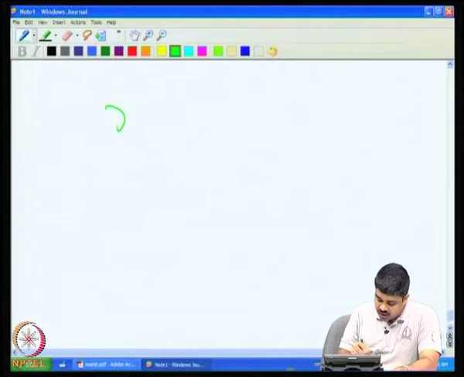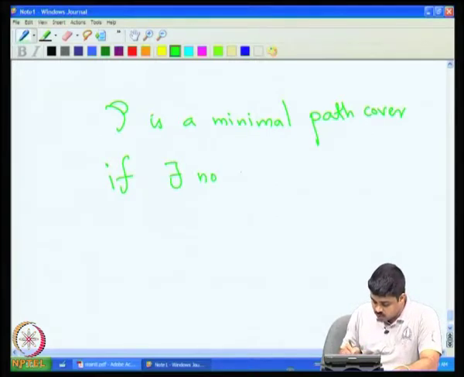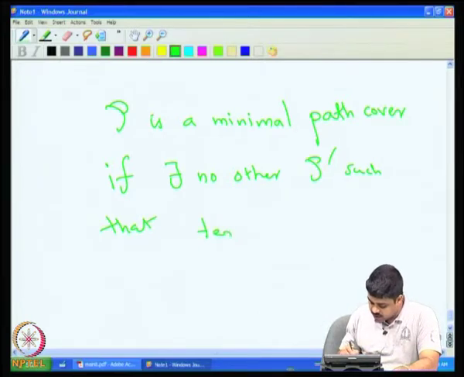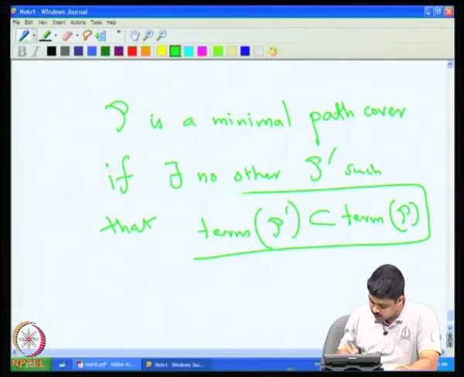Now P is a minimal path cover if there exists no other path cover P dash such that the terminal vertex set of P dash is a proper subset of the terminal vertex set of P. This is the main condition.